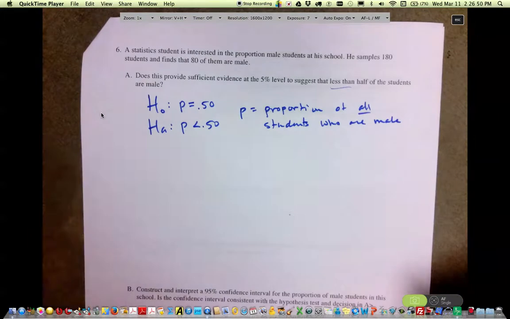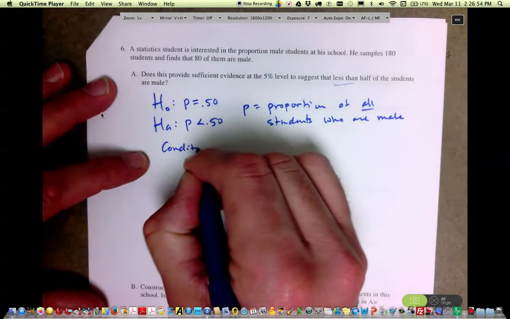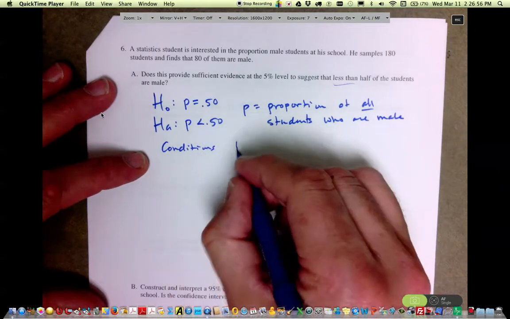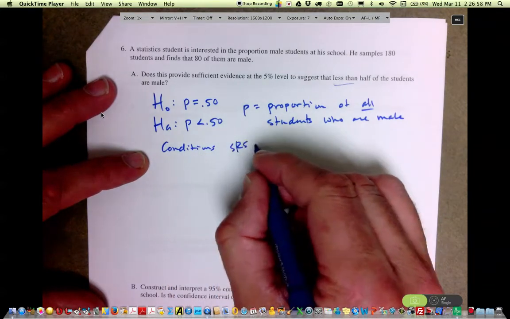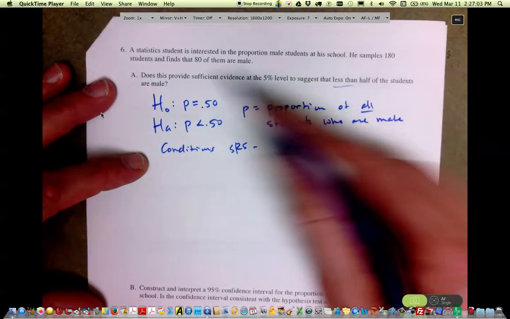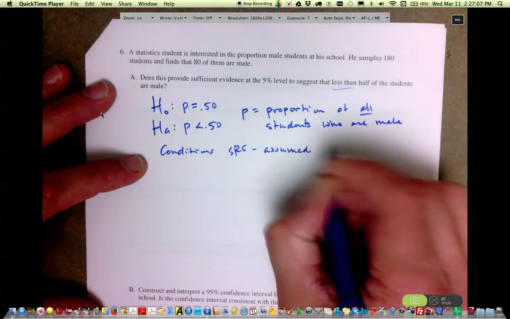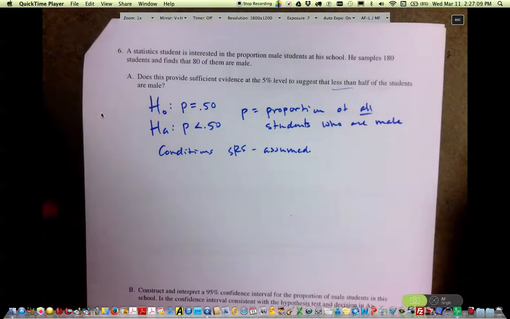The next thing I want to do is check conditions. The first condition is that it was a simple random sample. The problem says he samples 180, so we're going to assume that he took that sample as a simple random sample.